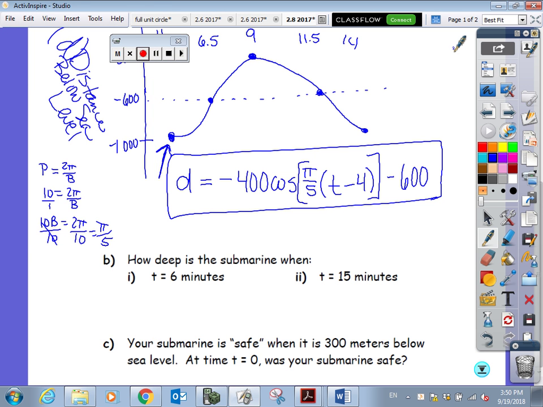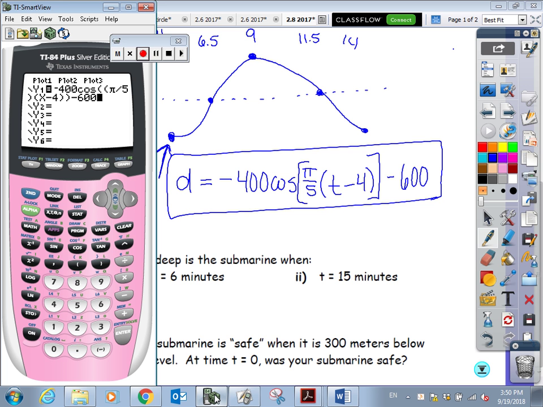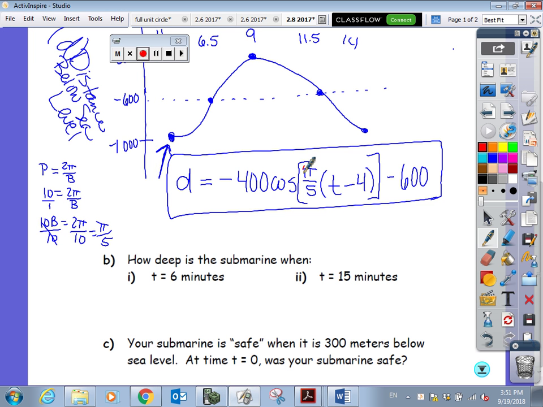All right, so notice I just put this in the calculator. Look at all those parentheses. Pi over 5 must have an extra parenthesis. So when you're putting this in the calculator, there must be an extra parenthesis right there around the pi over 5. So you must have parenthesis, parenthesis, pi over 5, close, open, x minus 4, because in your calculator use x, close, close.